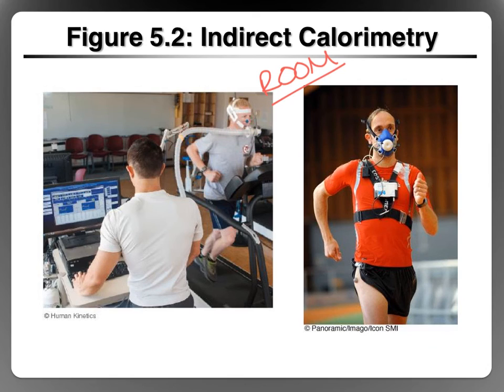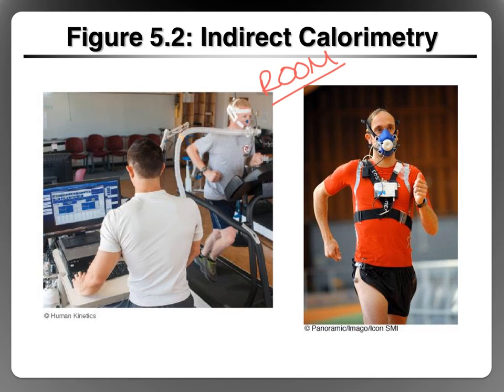You're also going to be wearing a nose clip so that we capture all of the air coming in and out through the mouthpiece. This mouthpiece will carry the air into a mixing chamber. It's basically a container that takes the air that you're exhaling and collects it in a chamber, and then there's going to be a sampling catheter.